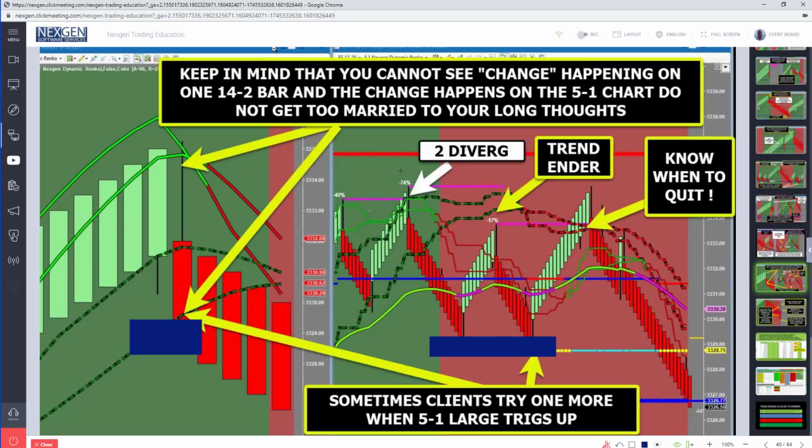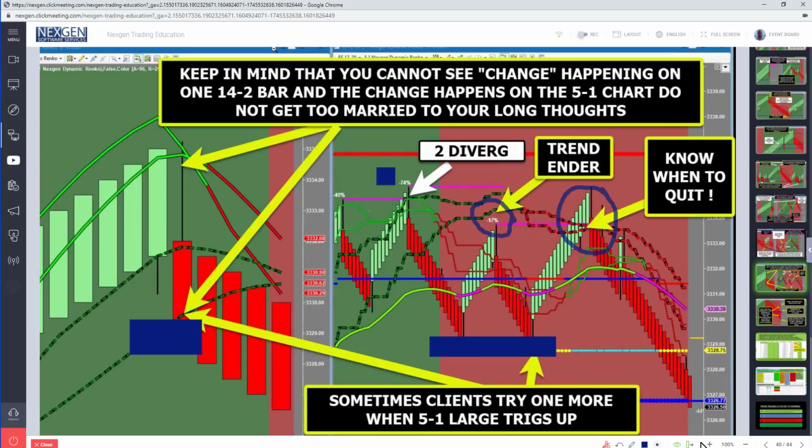So even though you have 2 divergences, you're probably still going to do another trade. Where you run into trouble is where you get to right here. Red backgrounds with divergence is pretty much a trend ender. If you were still in it for any reason, you get another pivot stop out with the triggers crossed down, and you really have to know when to quit.